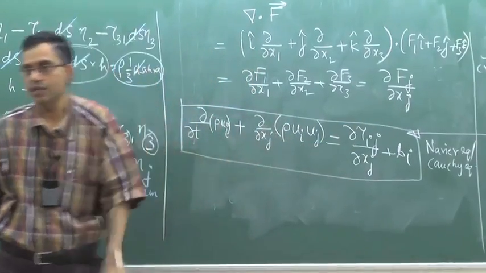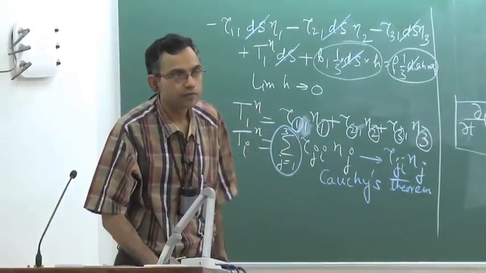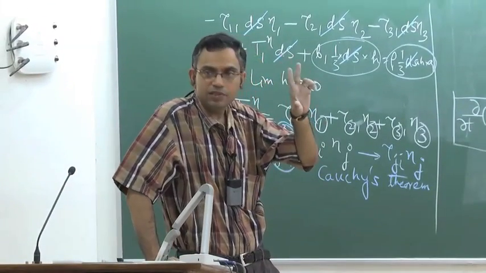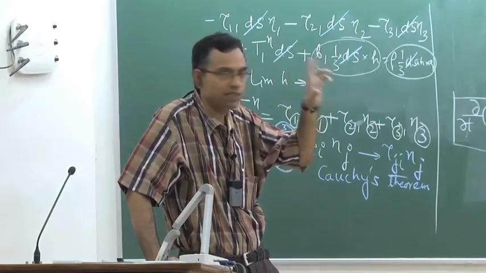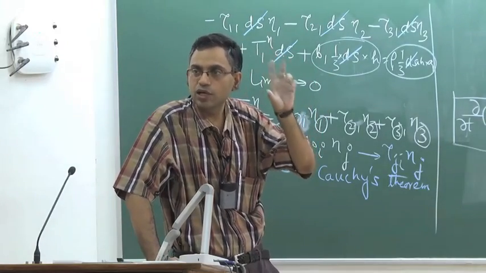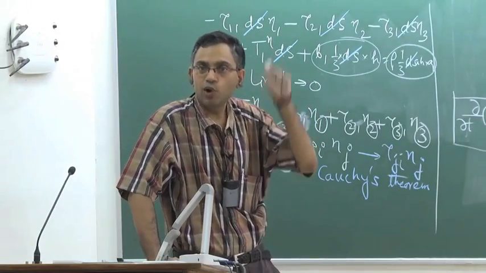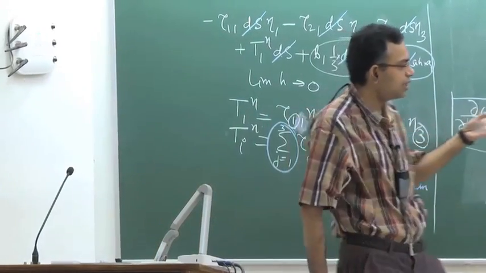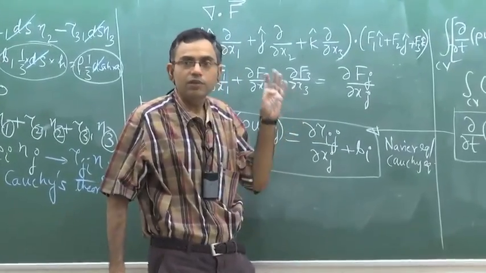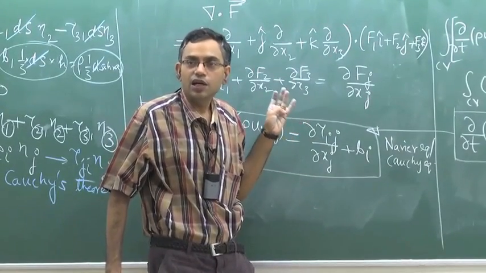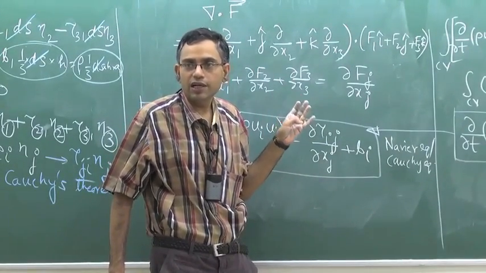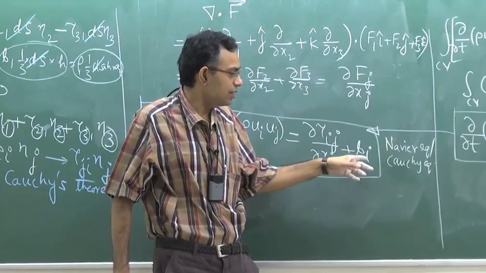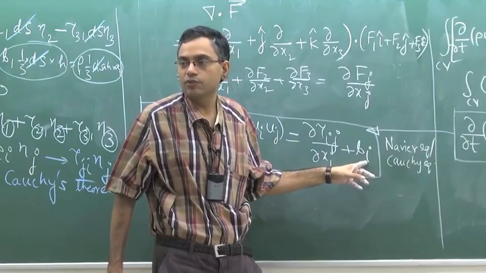But what are the assumptions that we have made? We made two major assumptions. One is a stationary control volume, another is a non-deformable control volume, but both of them can be relaxed. Why can both be relaxed? Because if you are considering a non-stationary control volume or a deformable control volume, both of these can be manifested in terms of an extra body force.